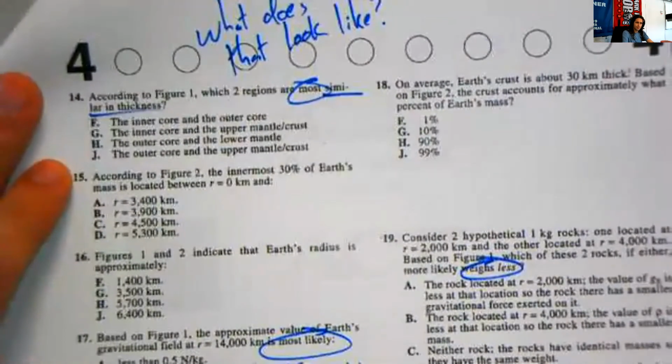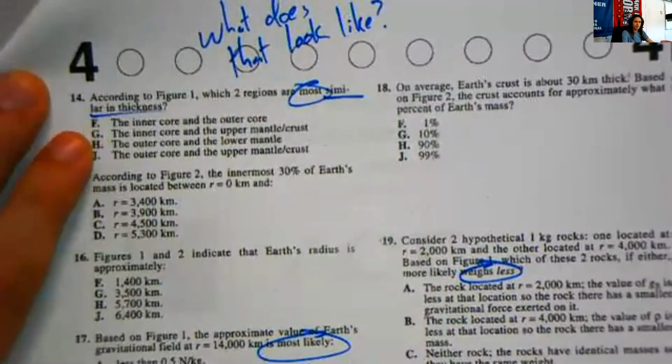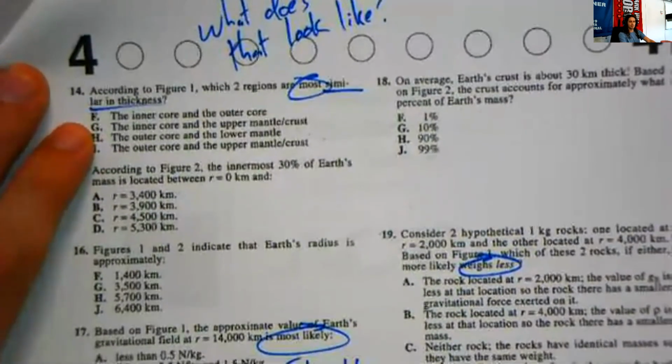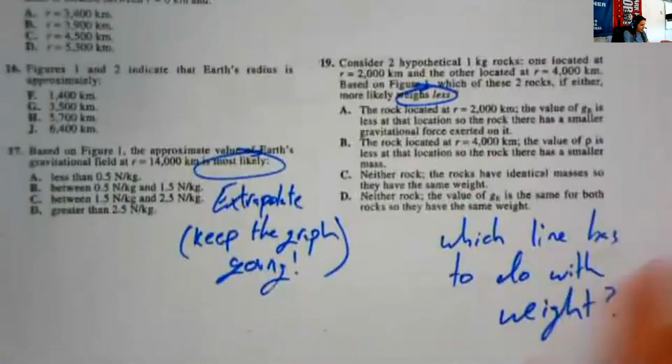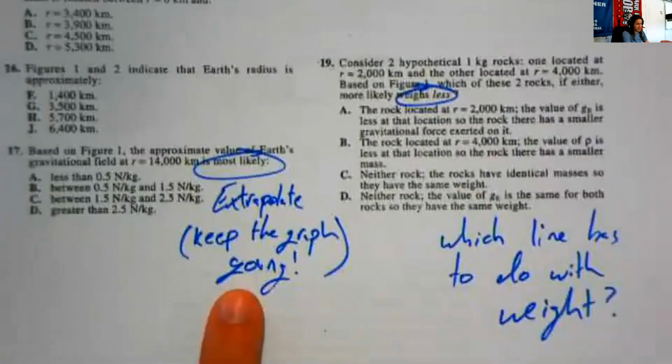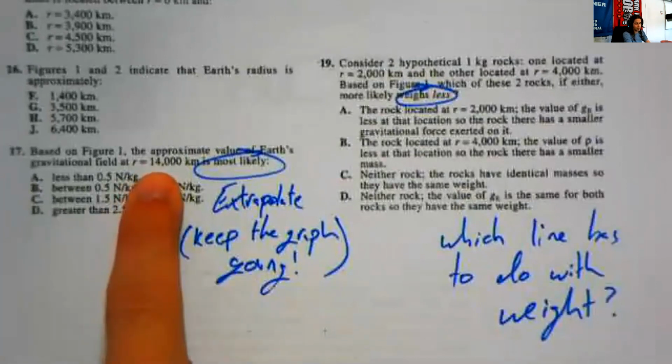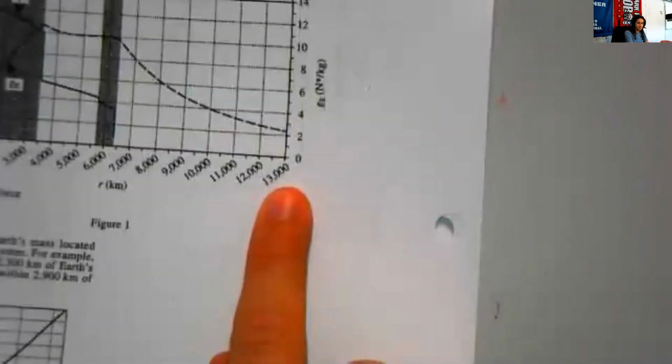Next one. On a graph, what does something look like if they are very similar in thickness? Maybe that's something, thickness. Number 17 asks you to do a number at 14,000, and you might see that the graph stops at 13,000.